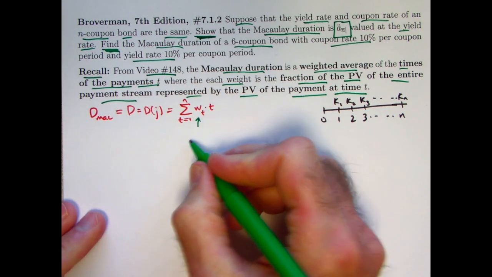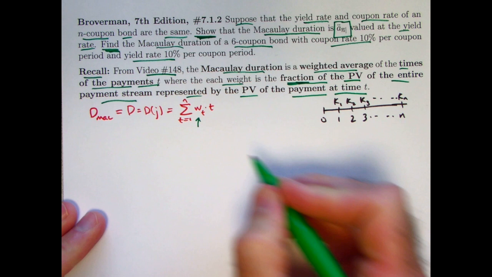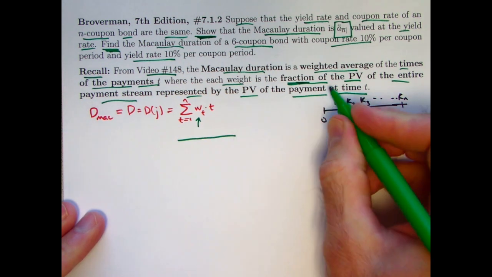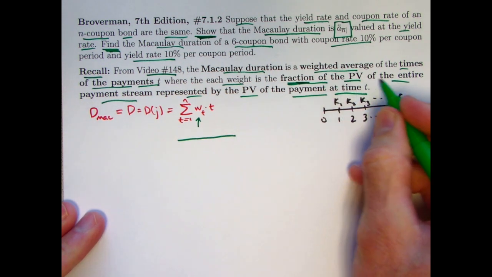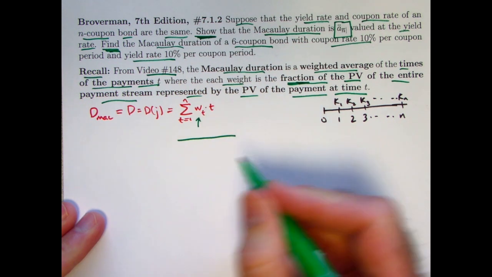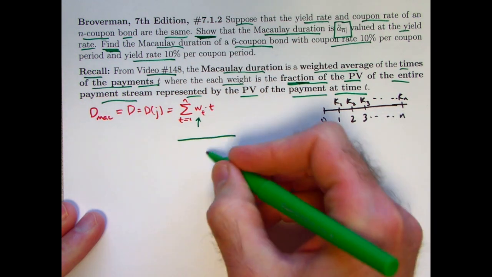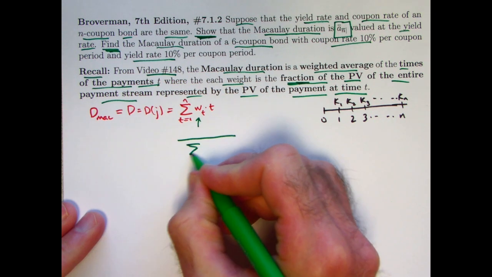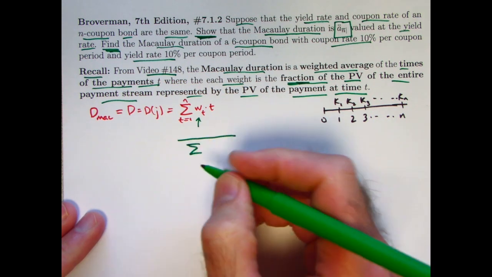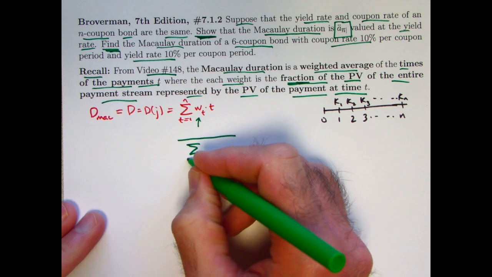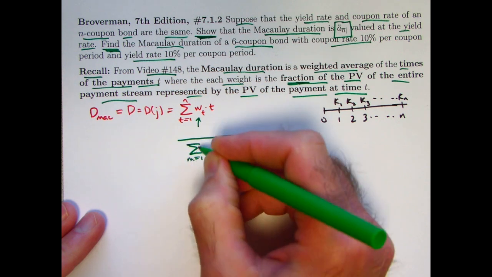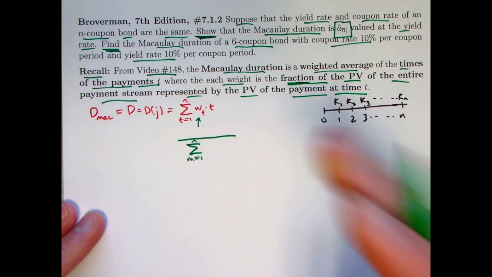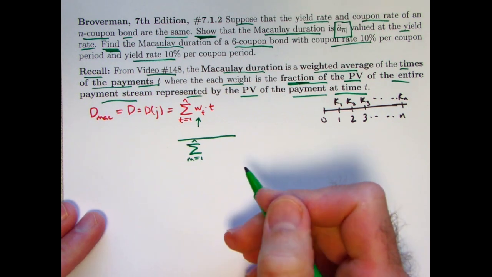So what is this? It's a fraction, first of all. Fraction of the present value of the entire payment stream. So I want the present value of the entire payment stream in the bottom of the fraction, the denominator. That'll be a sum. Let me use a different index of summation here initially. I'll call it m instead of t to help us more clearly see where the formula comes from.